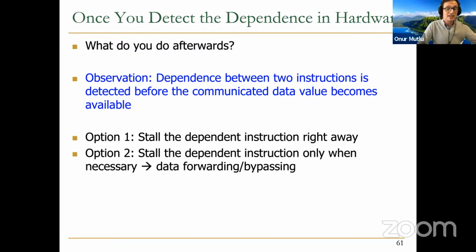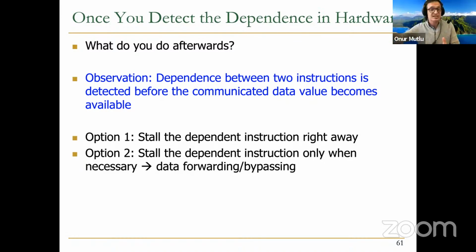The second option is you stall the dependent instruction only when it's really necessary. Basically, you try to forward the data or bypass the data as early as possible. As your colleague mentioned, when the result is available in the ALU, give the result back to the register file stage so that the instruction that's waiting for that result can continue as soon as possible. Don't wait until the result gets written to the register file, right?